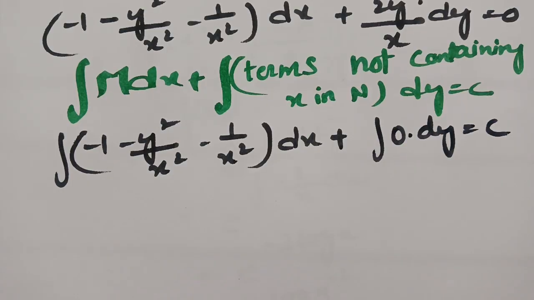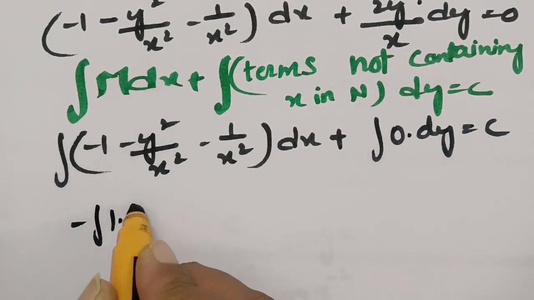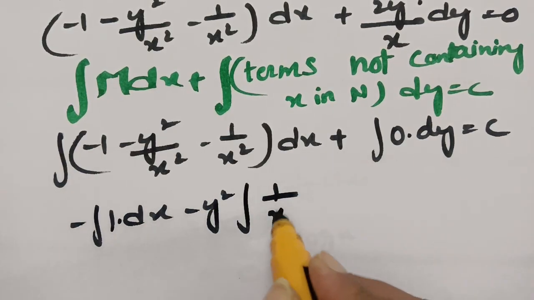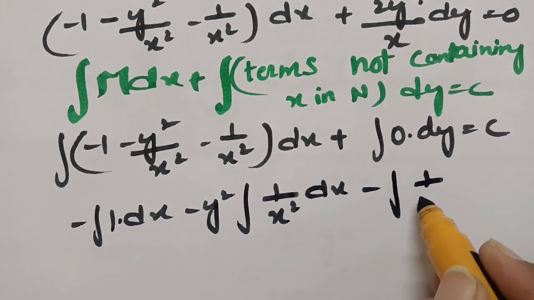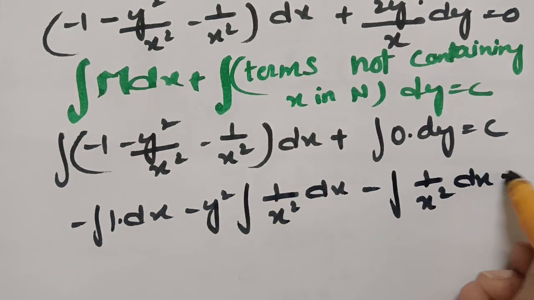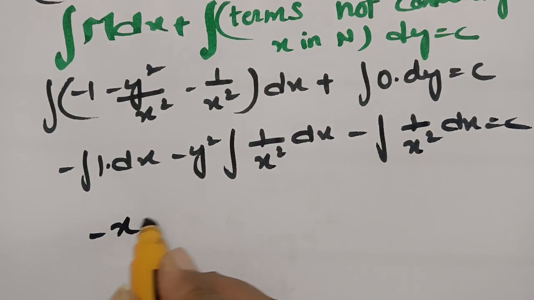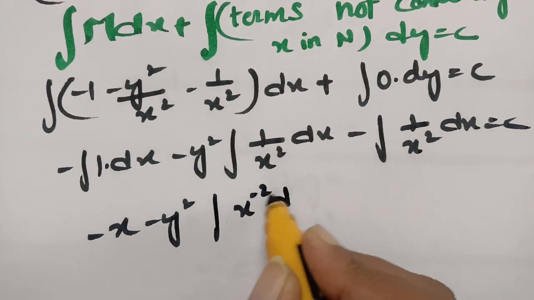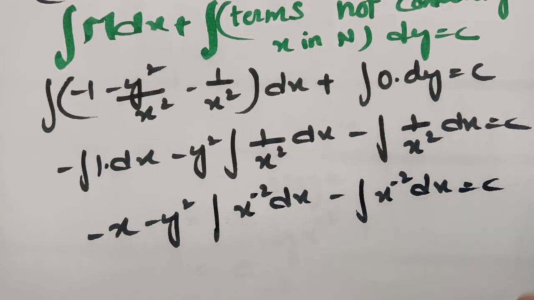Now we have to integrate with respect to x. So this is minus integral 1 dx minus y square, considering it as a constant, integral 1 by x square dx, and minus 1 by x square dx is equal to c. So this is minus x minus y square, which is x power minus 2 dx, and this is x power minus 2 into dx, which is equal to c.